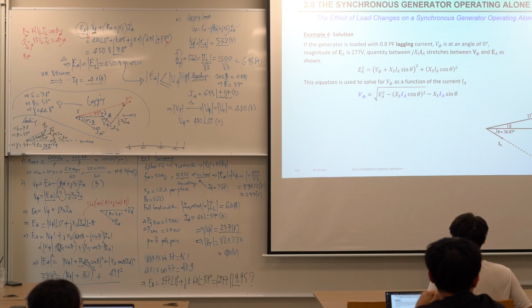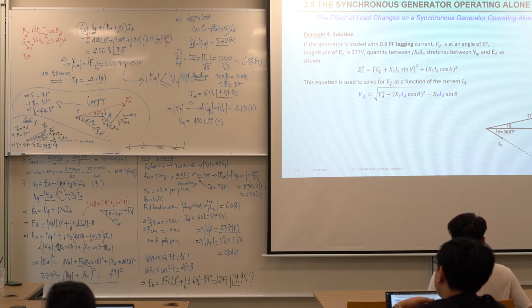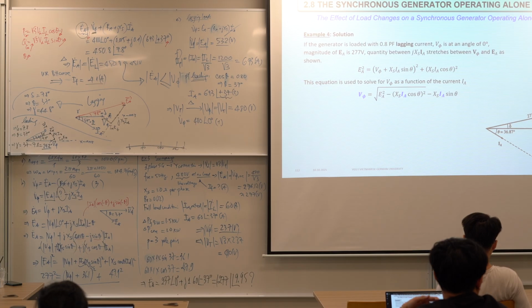We have EA 277, because no-load line voltage is 480 volt, so we divide this by square root of 3 and get the phase voltage magnitude 277.